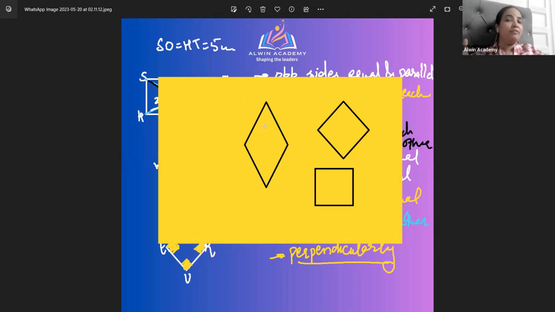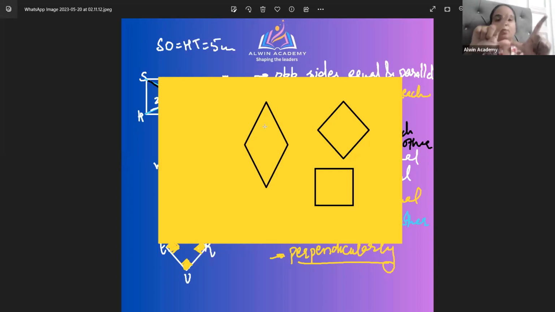And whenever you have a square like this, the diagonals have to be equal because the lines are standing straight on each other. They are not bent like this. See, if I draw like this it becomes a square, right? But when the lines bend like this, what is this now?